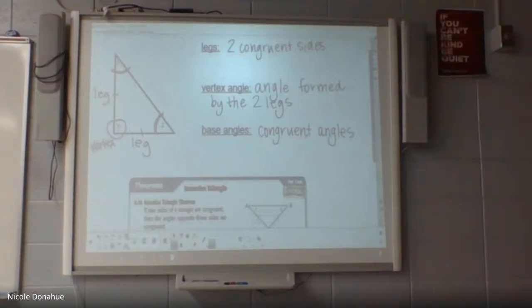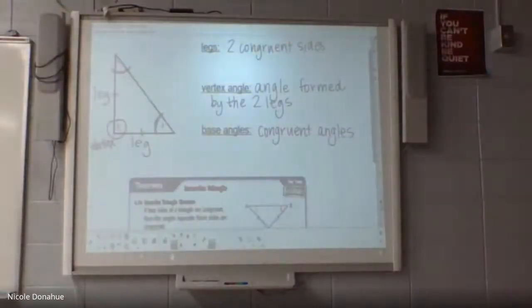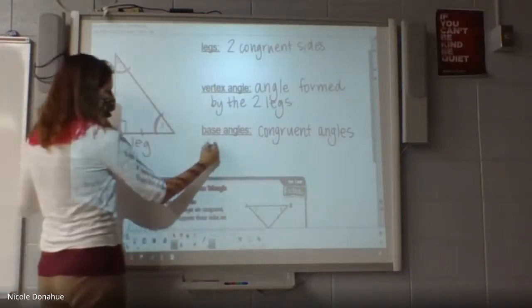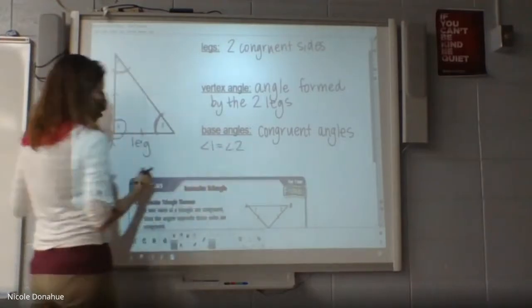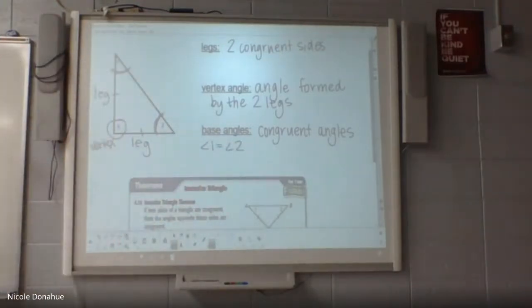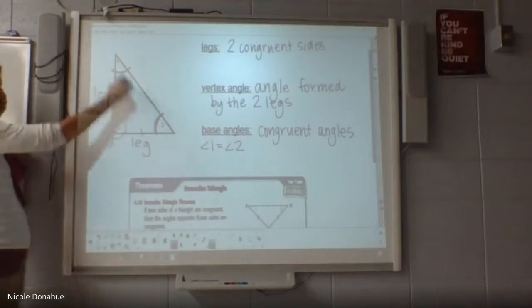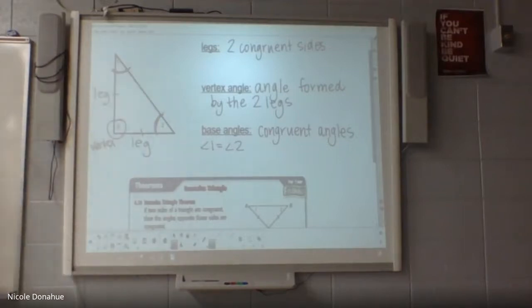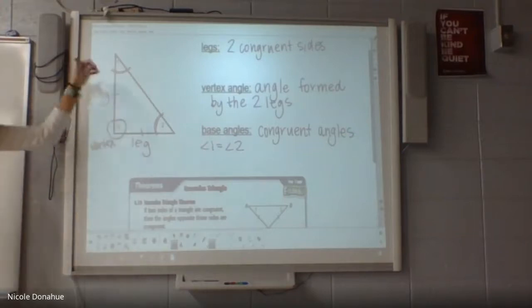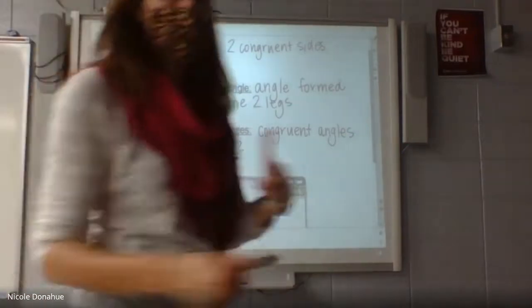You think about base being like the bottom of something, but the base angles don't necessarily have to be on the bottom. They can be wherever it's equal. So the two angles that are equal, angle 1 equals angle 2, those are our base angles. Now, I like thinking of it as the leg is across from the base angle, so that helps. They're across the triangle from the base angles and from the legs.